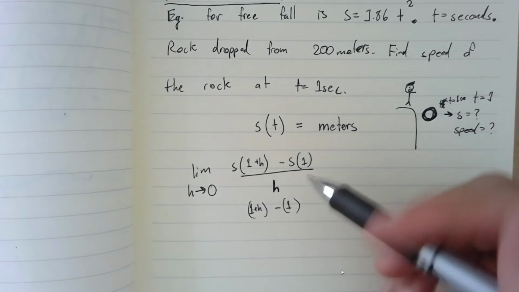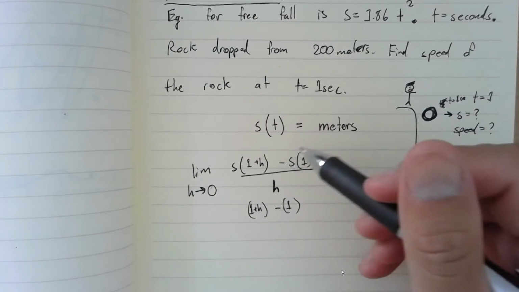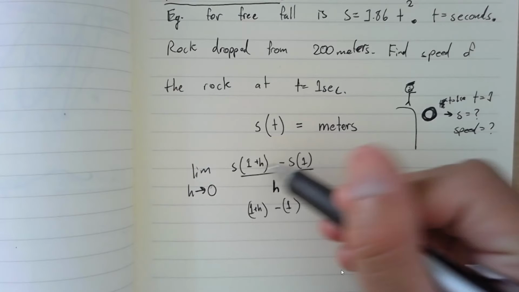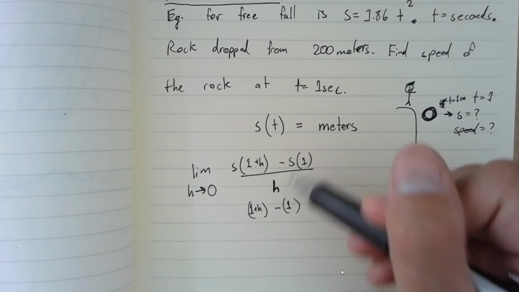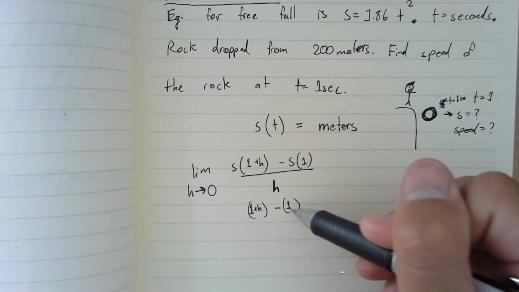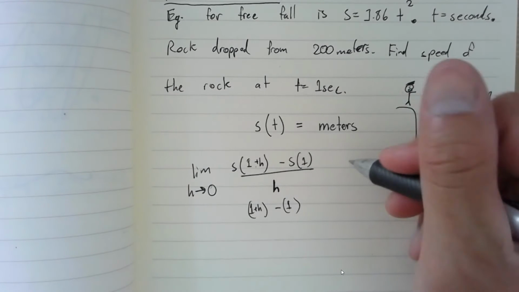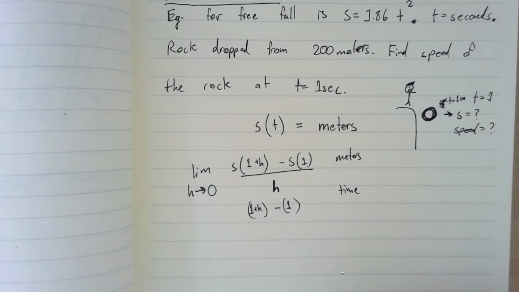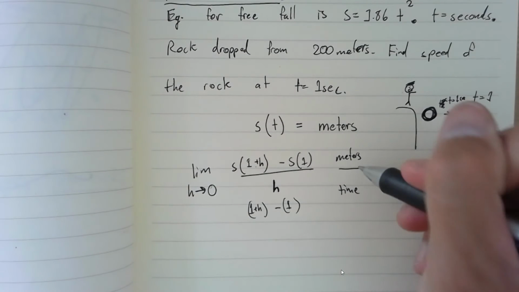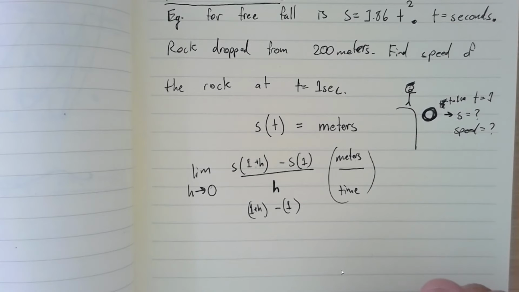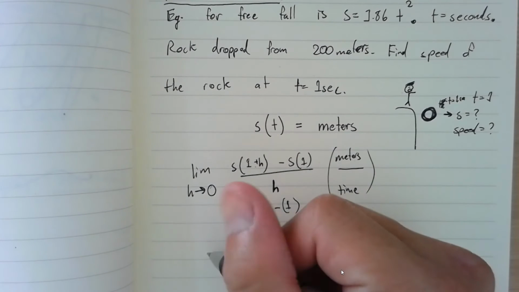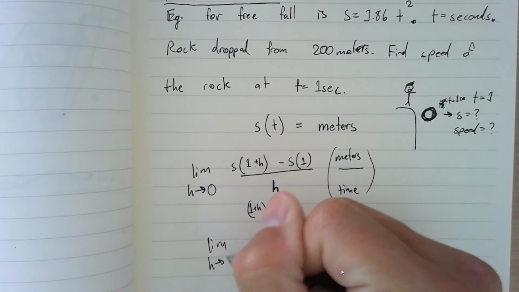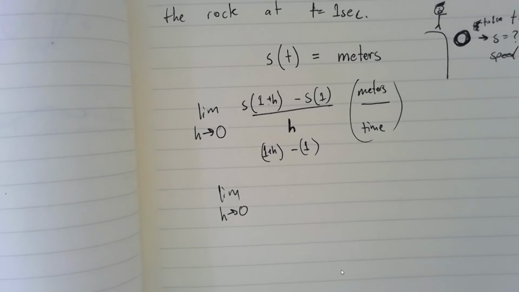This is the change in s, the change in distance in meters, over the change in time. This is the slope at this particular 1 second. Meters over time gives me a speed. Limit as h approaches 0. So let that sink in, and try to figure out what I just said.